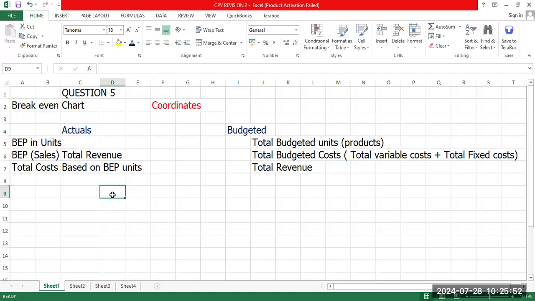So it means that you are the person interpreting the question. You just need to analyze the case study while trying to get this information. Without this information, you cannot make a break-even chart. Okay, so we can now analyze our case study.